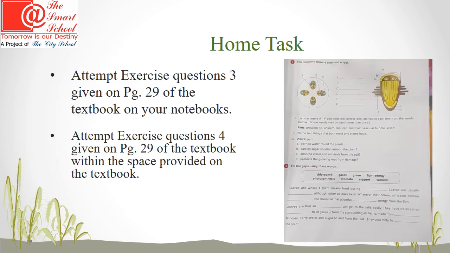Then you are to attempt exercise question 3 given on page 29 of the textbook in your notebooks. Finally, you are to attempt exercise question 4, this one, given on page 29 of the textbook within the space provided on the textbook right here. Good luck.